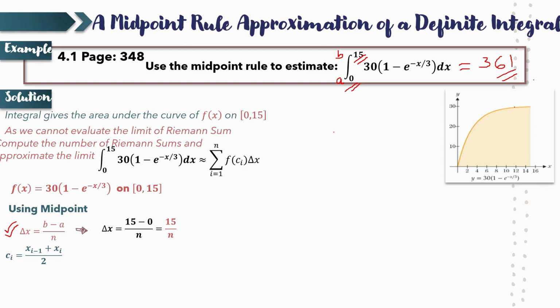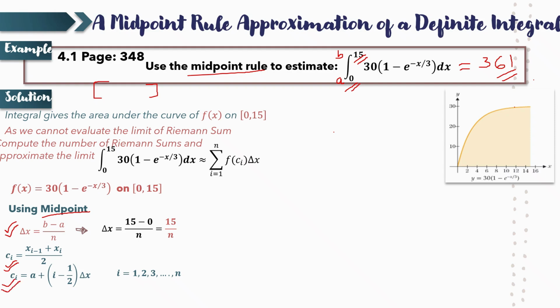Now, as the question mentions the midpoint rule, you will be using the midpoint rule ci formula, which is half of x i minus 1 plus x i. What is x i minus 1, x i? It is nothing but the closed interval, the left part and the right side. So the formula says a plus (i minus 1/2) delta x.